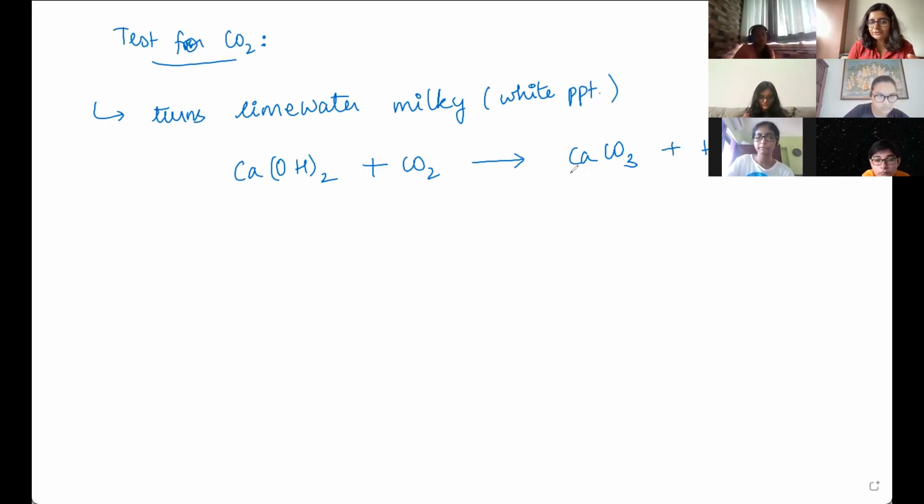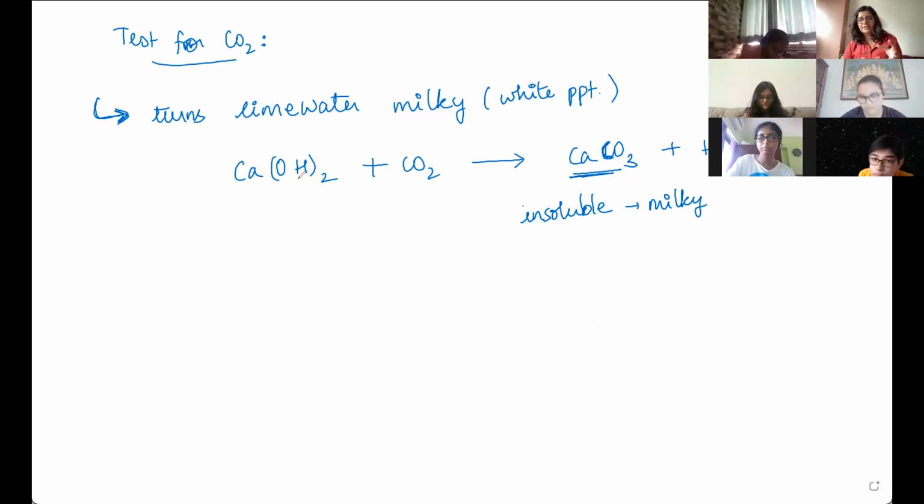Now CaCO3 is insoluble. Insoluble means it does not dissolve in water. It can't dissolve in water, so it is not transparent. And this is a white substance, right? So when you add a white substance to water, this is the thing that makes it milky. So this is the test for carbon dioxide that you guys have learned.